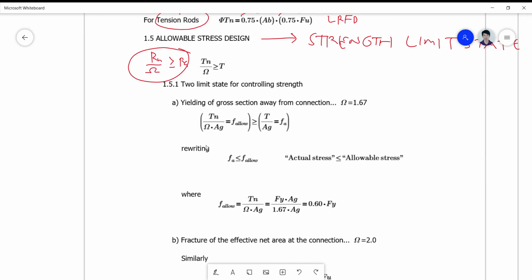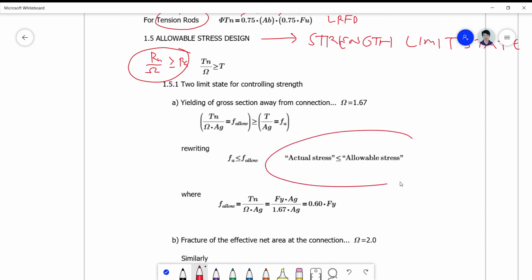So the formula is in terms of stress, because this is an allowable stress design. We divide it by Ag, and then compare. Rewriting it, we have Fa less than or equal to F allowable. Meaning to say that the actual stress must always be less than or equal to the allowable stress.